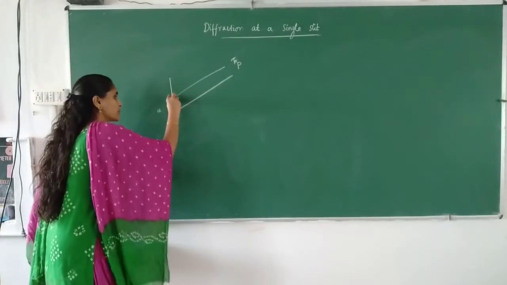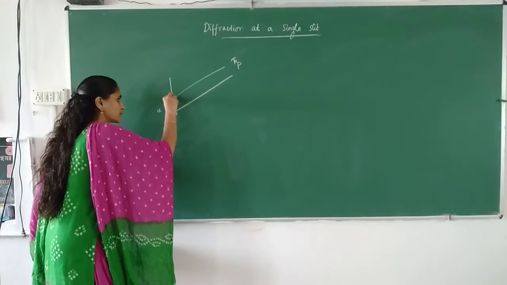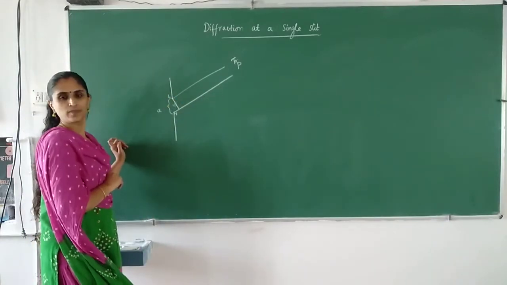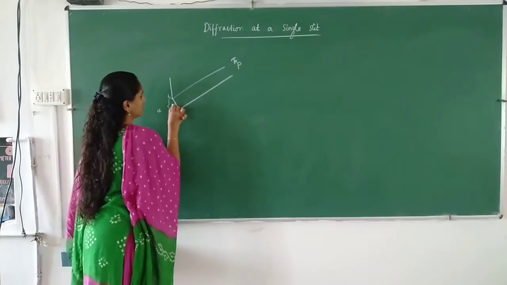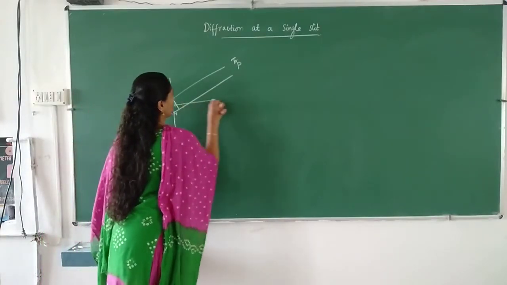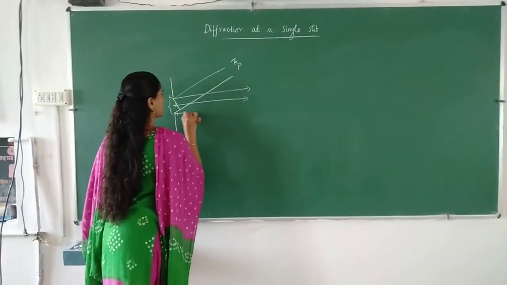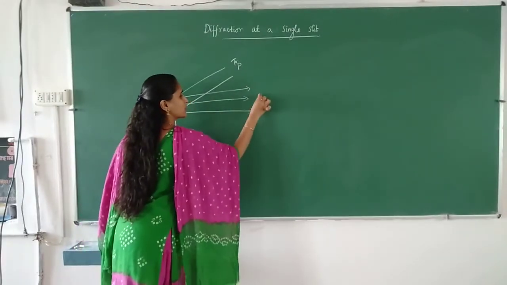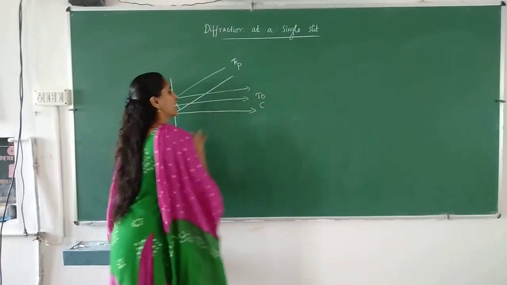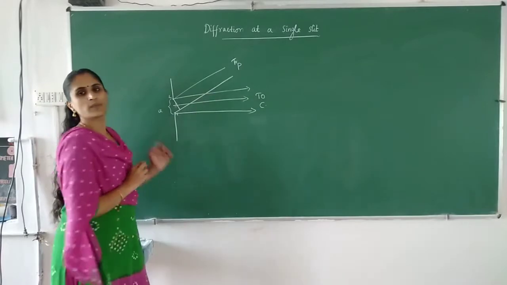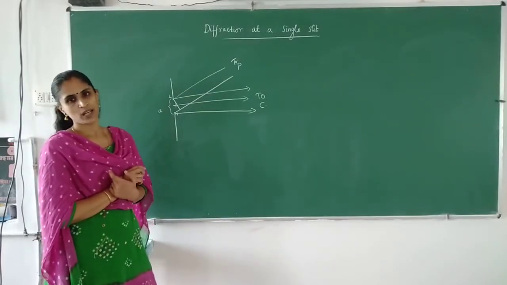Here, how to find the path difference? We can draw a perpendicular from here. This is the center point, to see the waves traveling from these L, M, N points.